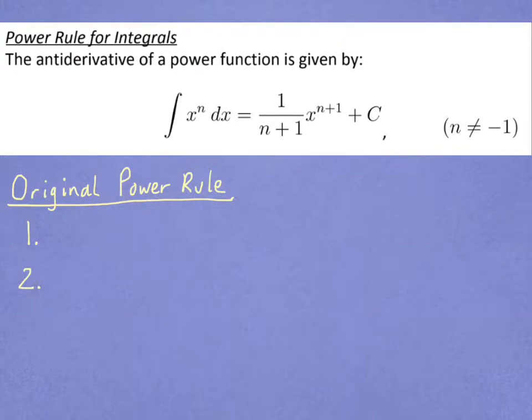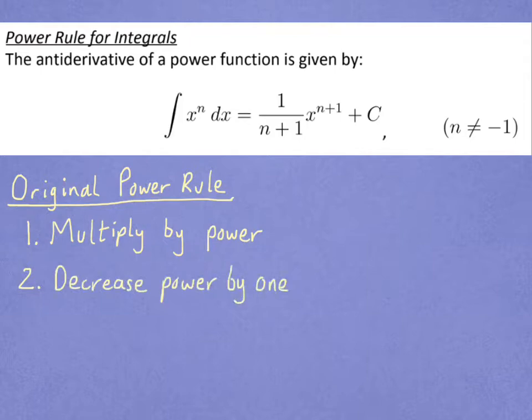This is for how to do the derivative anytime we have x to the something. The first step was to multiply by whatever the exponent was, and then to decrease that exponent by 1. That would turn something like x to the 7th into 7x to the 6th.